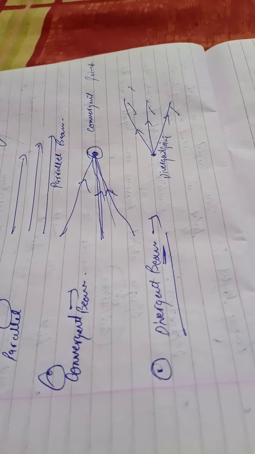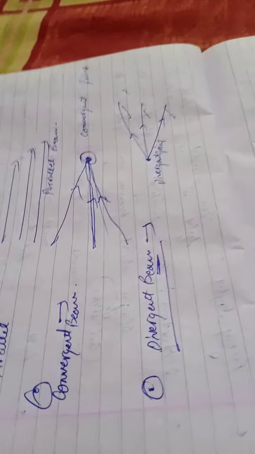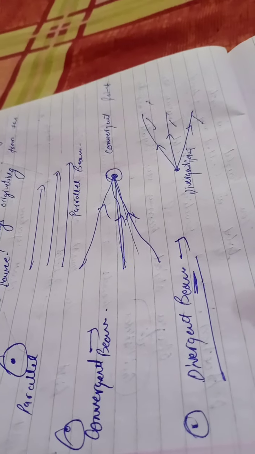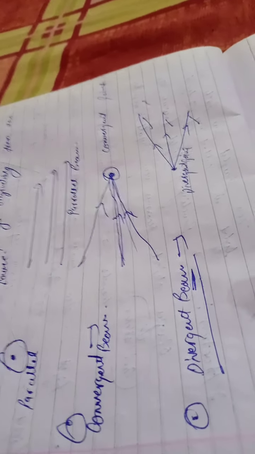Then the incident ray and reflected ray, I know you know very well. The ray which falls on the reflecting surface is called the incident ray.